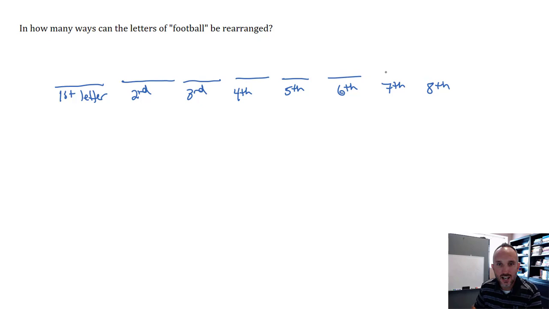And then we're going to divide by the number of copies of each that there are. So your first letter, you've got 8 options, right? You got 7, 6, 5, 4, 3, 2, 1. So we multiply all of that out. Well, that's 8 factorial.